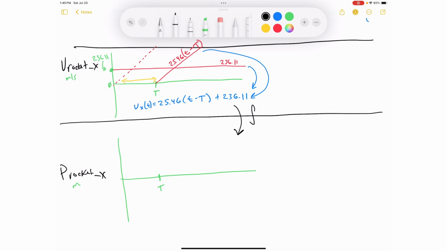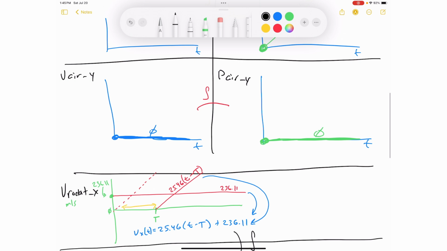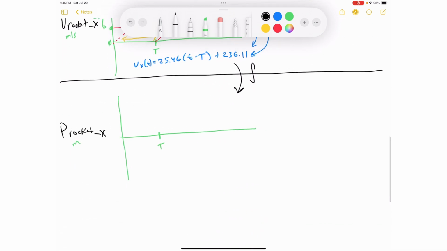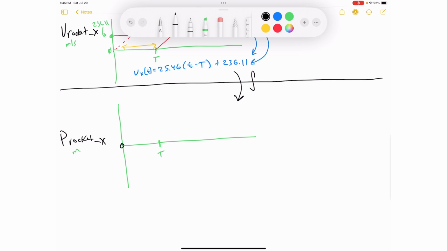Where is its initial x? Well, it's at 0. It's the same as the airplane, because the rocket is attached to the airplane. The airplane right here is at 0, so the rocket is also at 0. That's its initial position, so we'll put that right there at 0. This is the 0 line. Great.